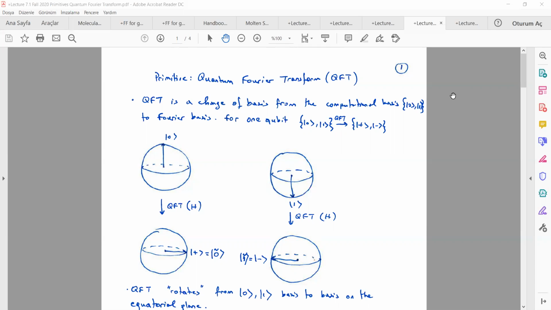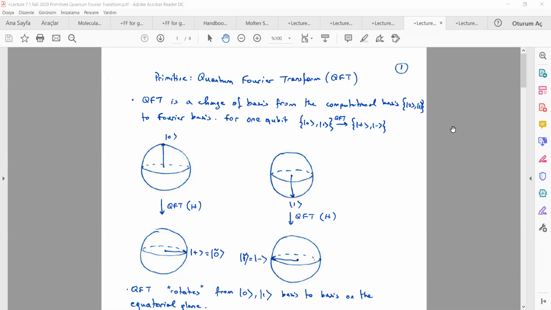They are very common in signal processing and communication systems. If you want to represent a signal in the frequency domain, in another basis, you would use Fourier transform algorithms.